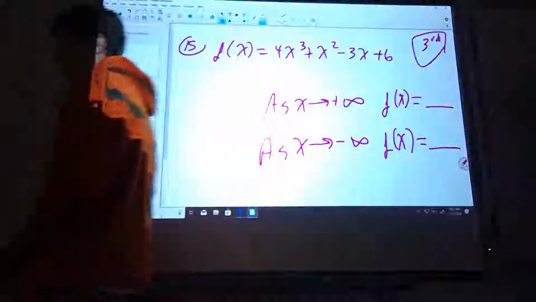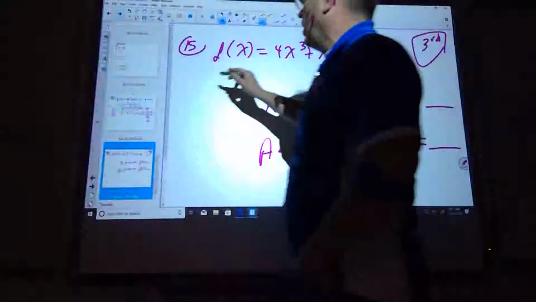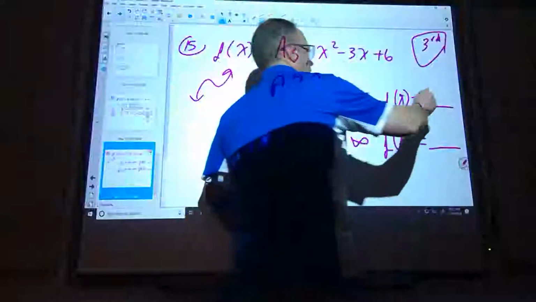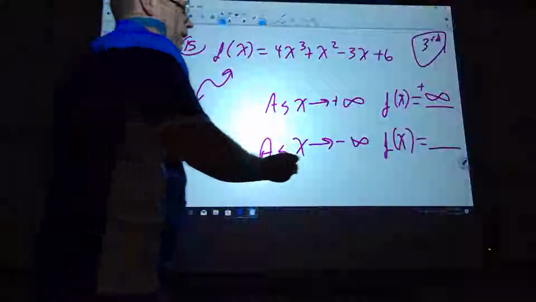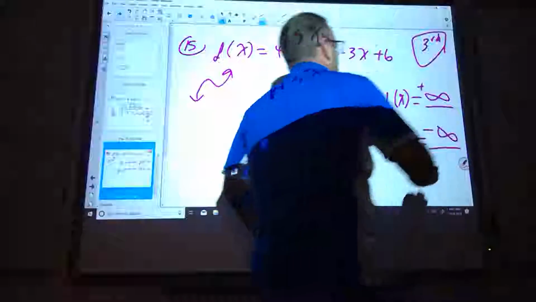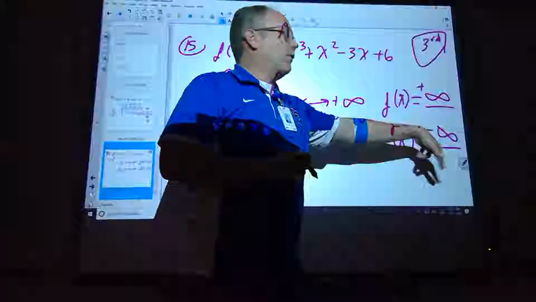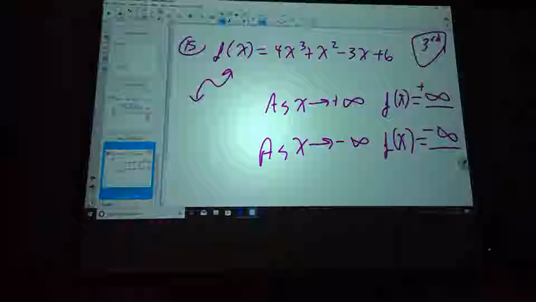You know this is going to be a regular shape, third degree like that, right? So as I go this way, it goes to positive infinity. As I go this way, it goes to negative infinity. And that's it. If I would have had a negative out in front of this, that would have flip-flopped.